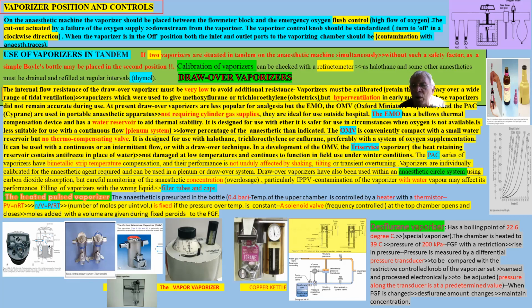The tube has a solenoid valve. This solenoid valve opens rapidly at a special frequency, and has a heater in the upper part of it. We have a heater, we have a thermostat, and we apply the bottle through it. The pressure of the bottle is 0.4 bar. So the liquid anesthetic is vaporized by the heater, and then goes to rejoin the fresh gas flow.